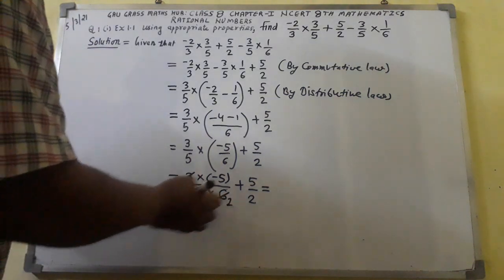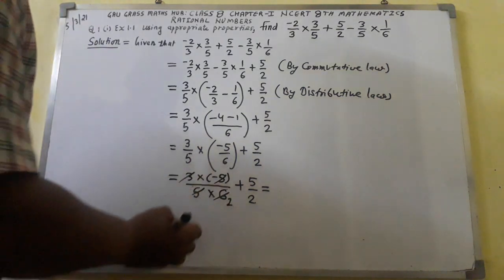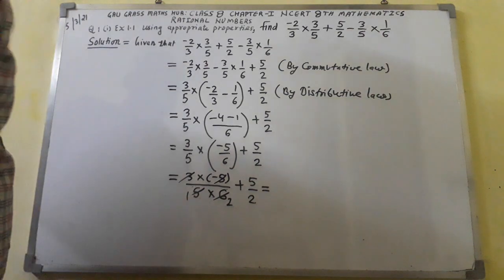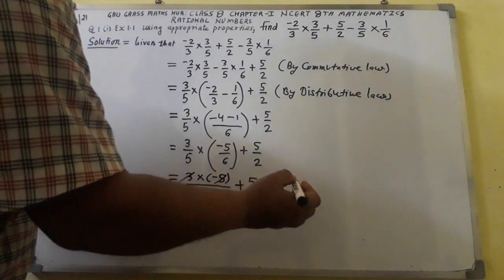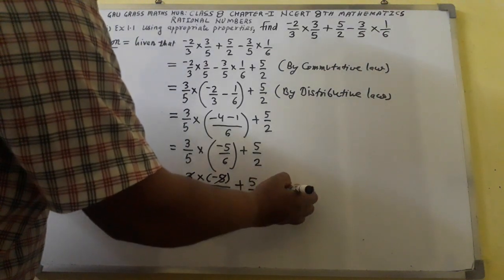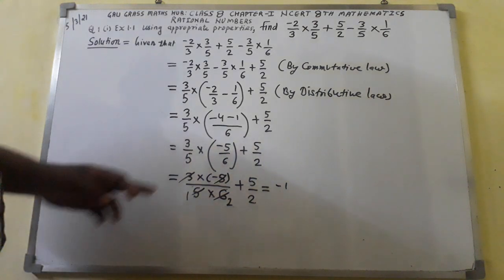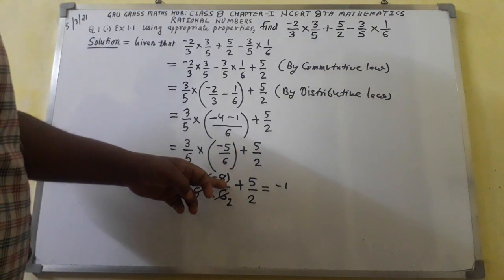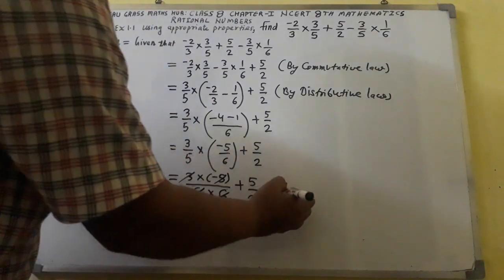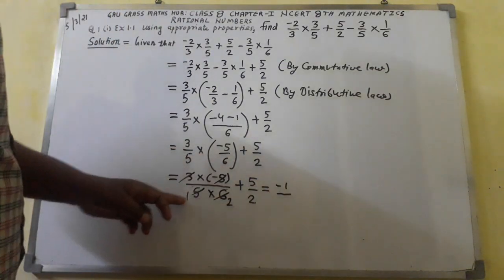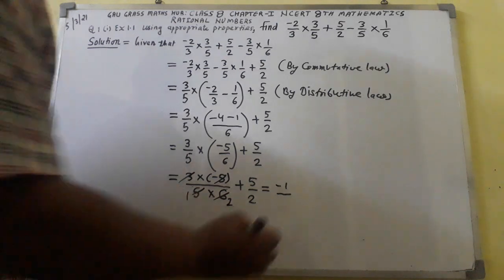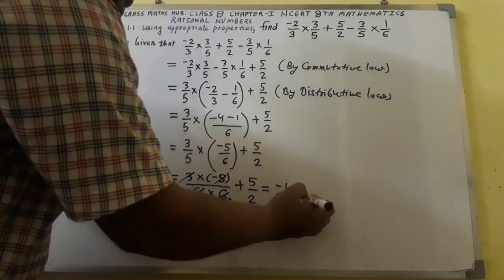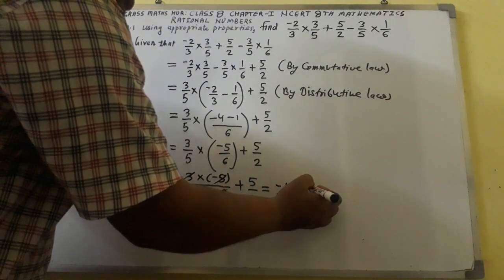And 5 will cross to here, you will get here 1. So here you will get minus 1. In the numerator here 1 is there, minus 1. Minus 1 over 1 will multiply to 2 comes out to be 2, plus 5 over 2.